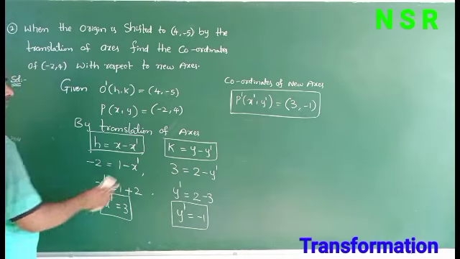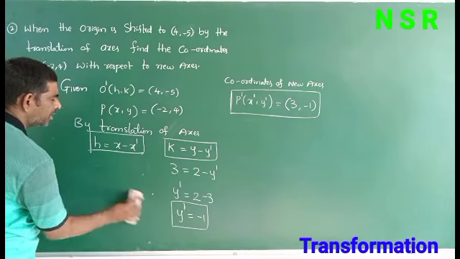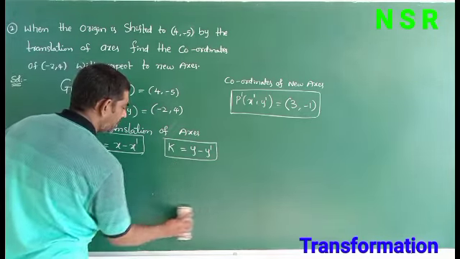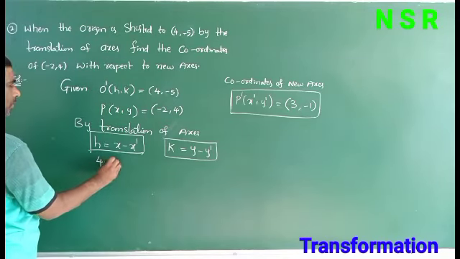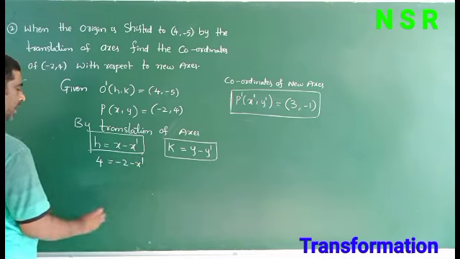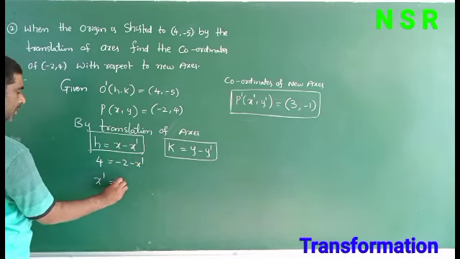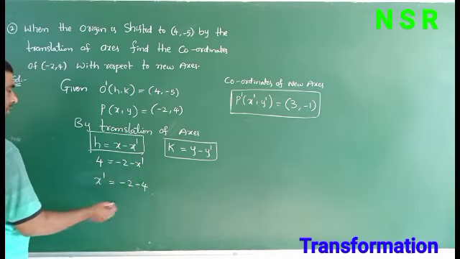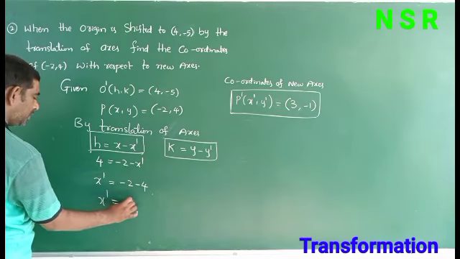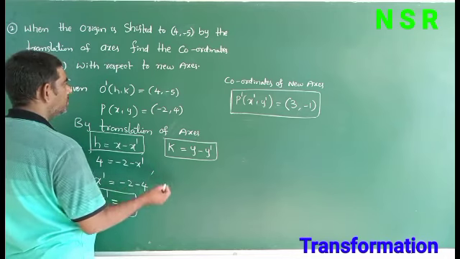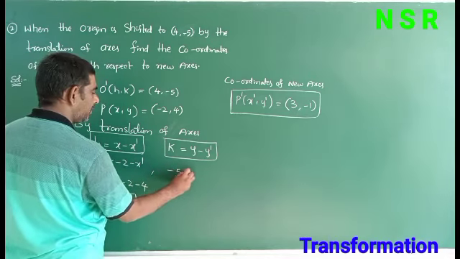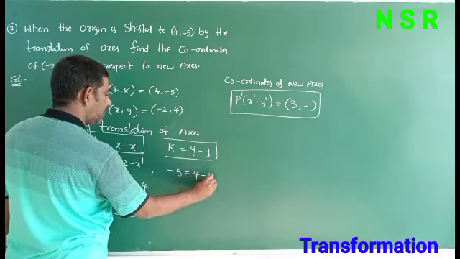So by translation of axis, h is equal to x minus x dash, k equal to y minus y dash. Now substitute the values. 4 is equal to minus 2 minus x dash. So x dash, move this side, minus 2, 4 move this side, minus 4. Now x dash equal to minus 6. So here also substitute the k value: minus 5 is equal to 4 minus y dash.